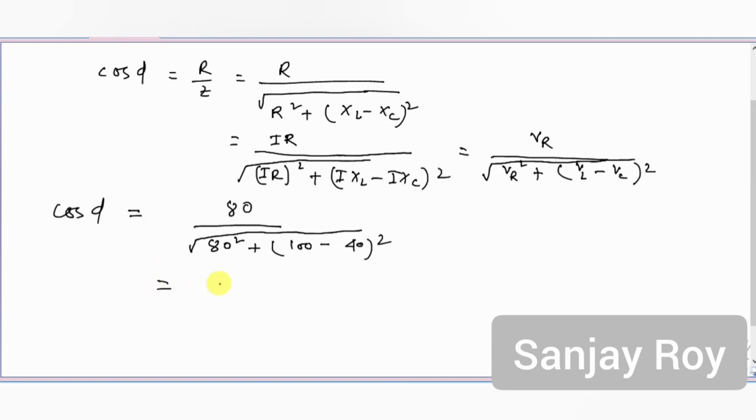If we calculate, then we get 80 square plus 60 square, and we get 8 by the root of 8 square plus 6 square.